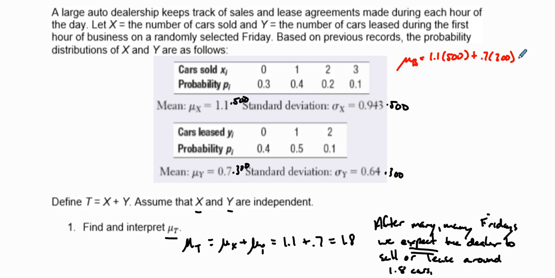And our bonus would be about $760. That's what we expect.